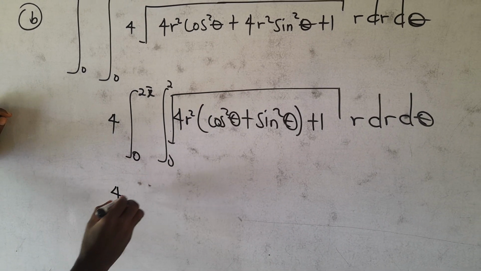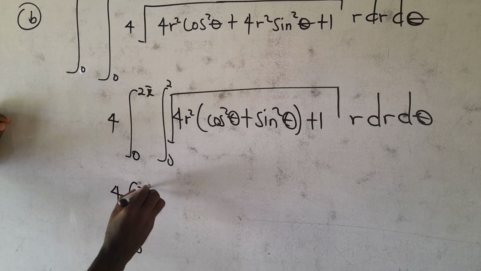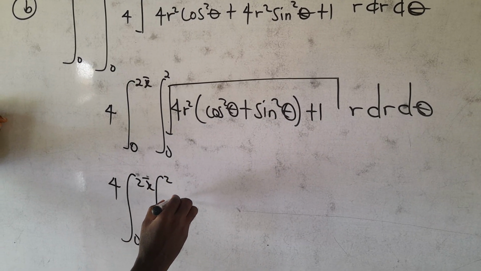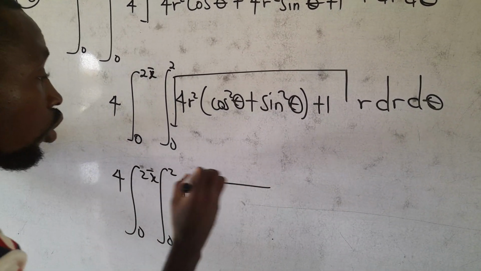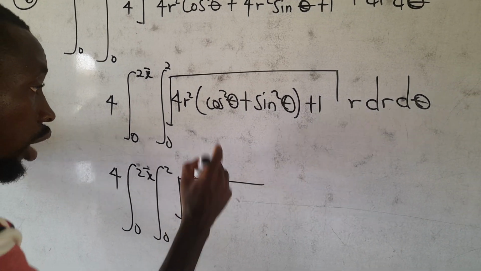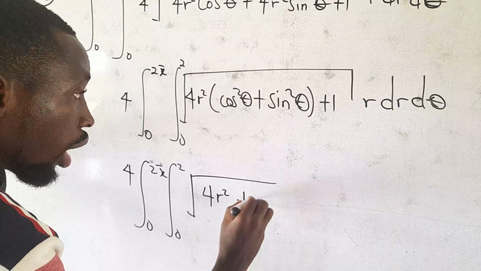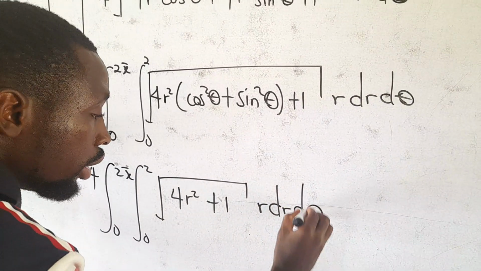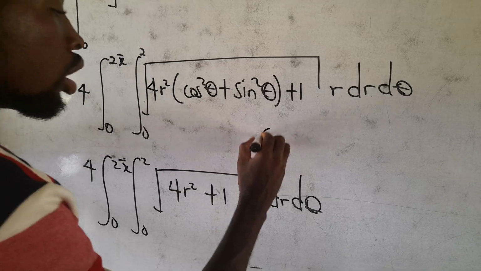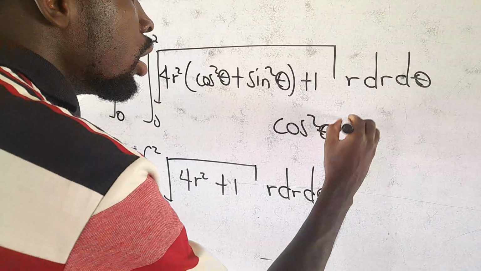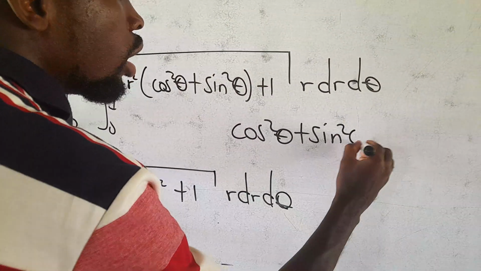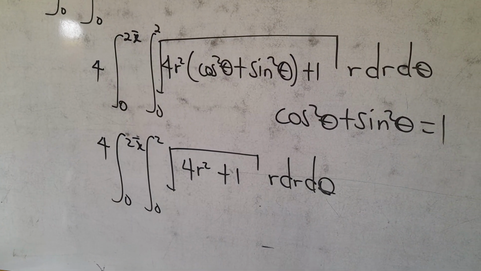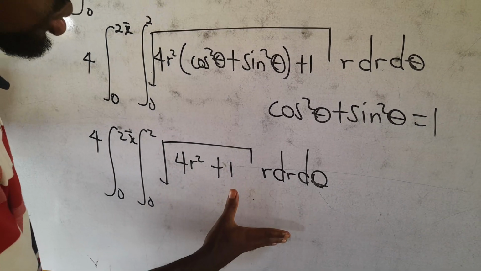So we have 4 times the integral from 0 to 2 pi and the integral from 0 to 2 of the square root of 4r squared, since this is 1, plus 1, then r dr d theta. So we know that cos square theta plus sine square theta is equal to 1. Now, we need to integrate first with respect to r.